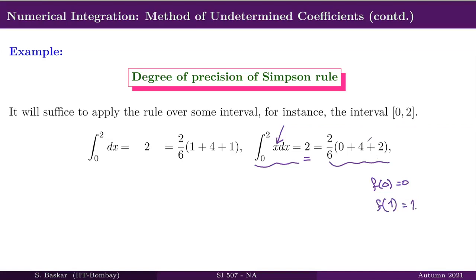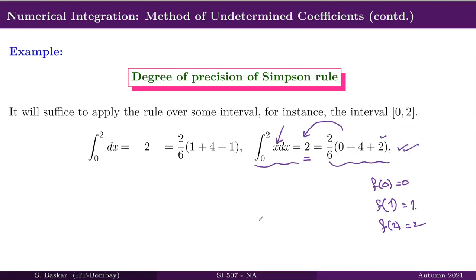So it is 4 times f of (a plus b) by 2, and f of 2 is 2, that is the last term. And once you simplify this, you will see that that also gives you the same value as 2. Therefore, f of x equal to x is also okay.